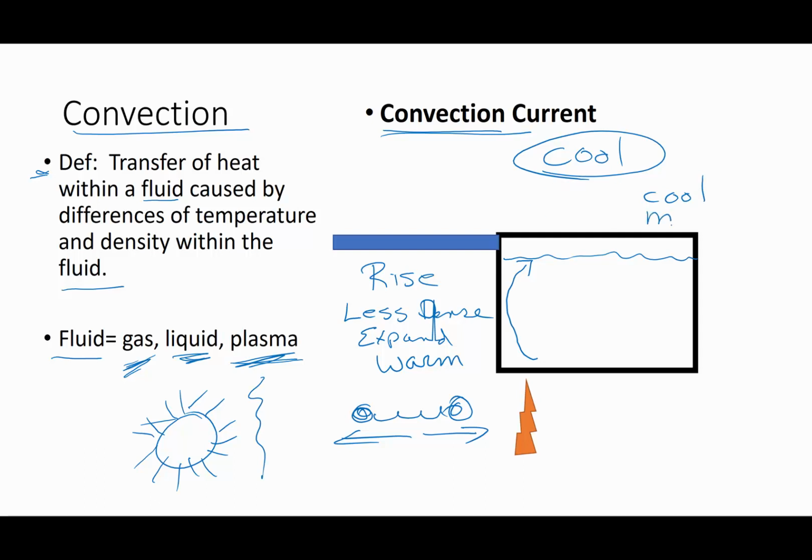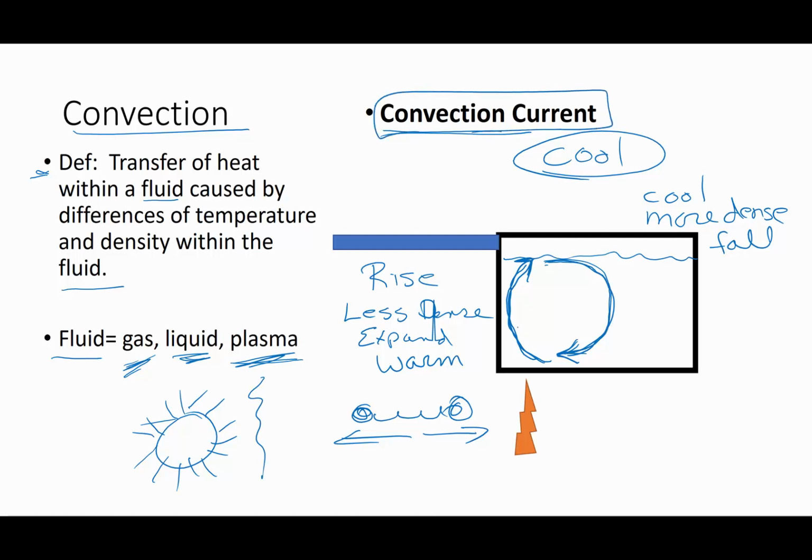It is going to become more dense, and it is going to fall. So as this gets more dense, cooler, and falls, what it creates is a circular, round, curved pattern. And this is referred to as a convection current.